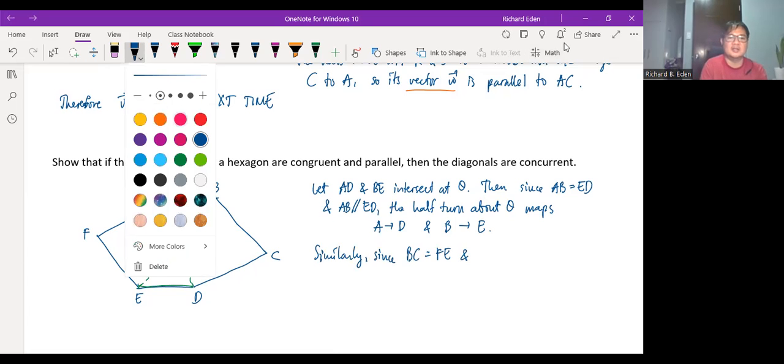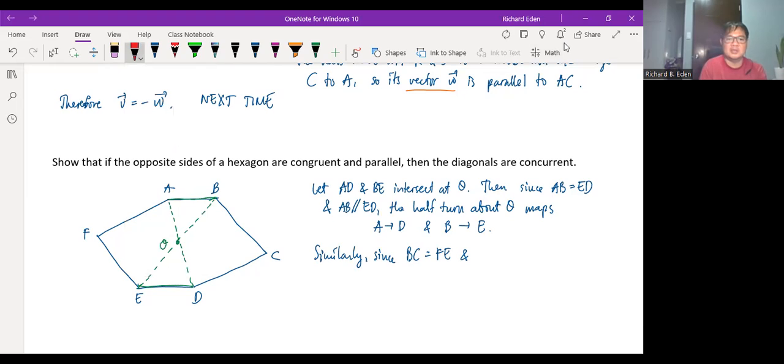So what are the segments I'm referring to? Ito namang dalawang to. I think it's to scale. Nagkataon. All right, since those red segments are parallel and congruent, then there is a center of a rotation that acts on BC, bringing it to EF.